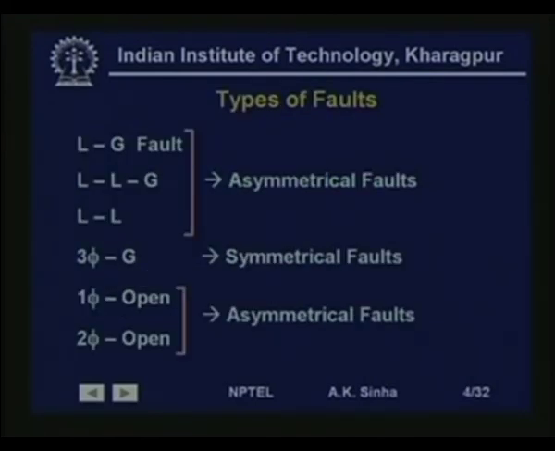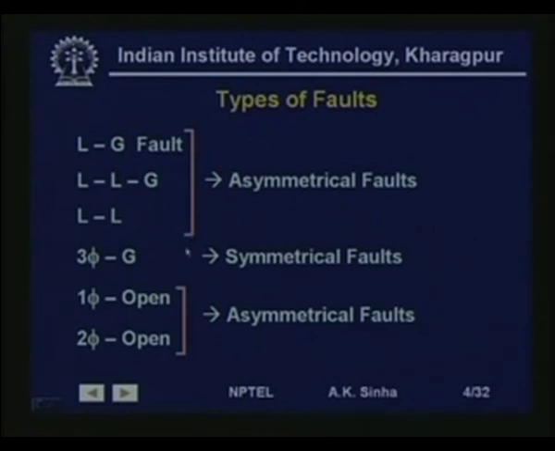As we discussed in the previous lesson, there are different kinds of faults which occur in power systems, such as line to ground faults and line to line faults. These are asymmetrical faults. Similarly, three phase to ground fault is a symmetrical fault.